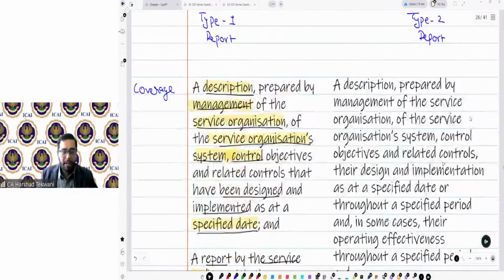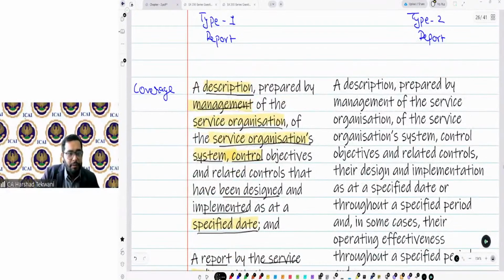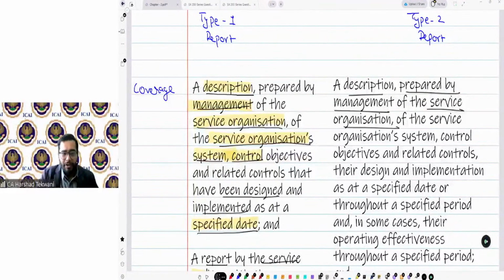So, a description prepared by the management of the service organization, their systems, controls, their design and implementation.